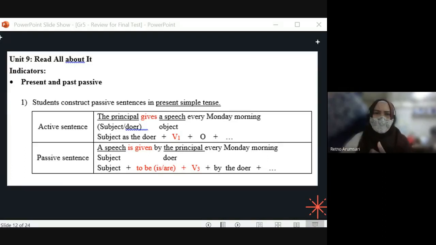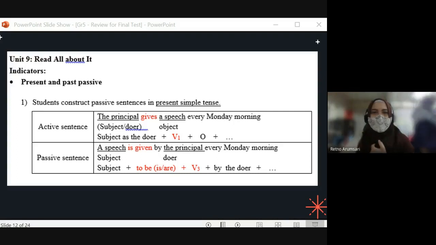Which one do you choose for a speech? How many speeches are there? There is only one speech.